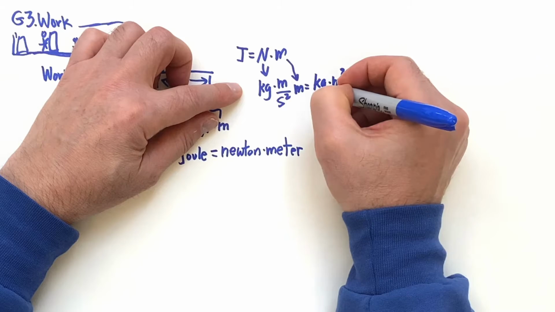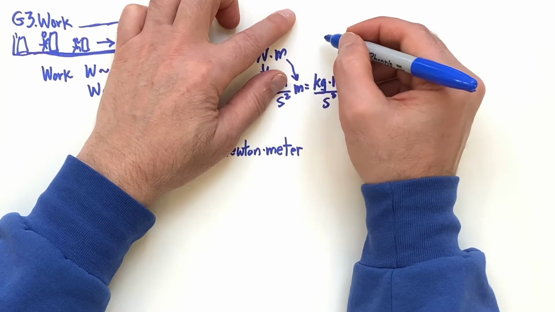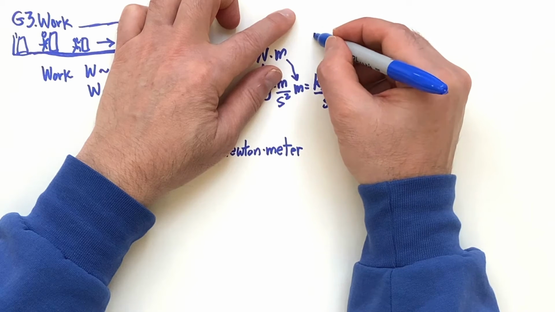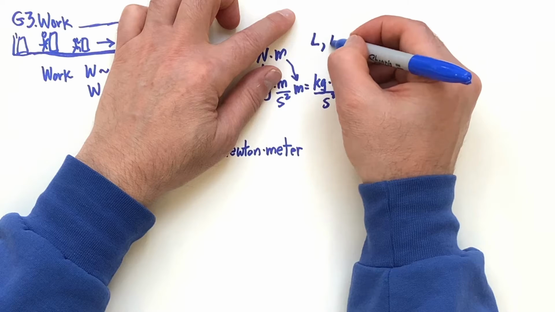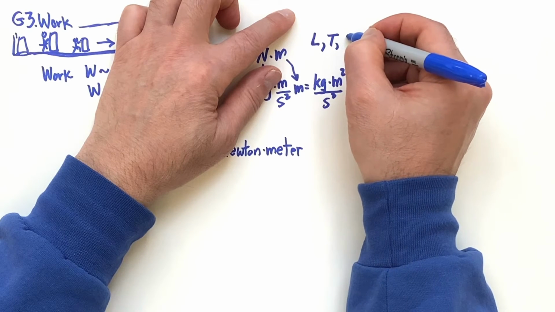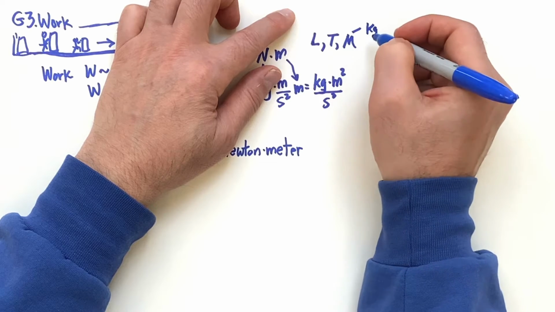It's interesting here how the big three, if we look at the big three, for example, we have, say, a length, we have the time, and say we have here mass. Okay, so this would be like your kilograms.